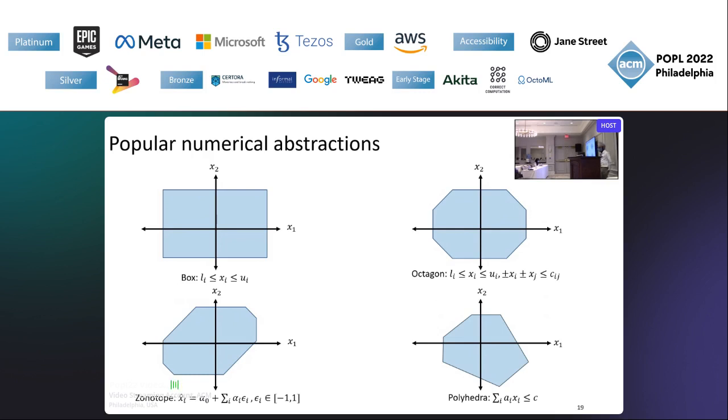The polyhedra domain is a popular domain, and it can encode any kind of linear relationship between variables, and it's one of the most precise abstractions out there. We had actually done previous work on speeding up polyhedra analysis for programs by exploiting custom insights, but those insights don't work in the case of neural networks.